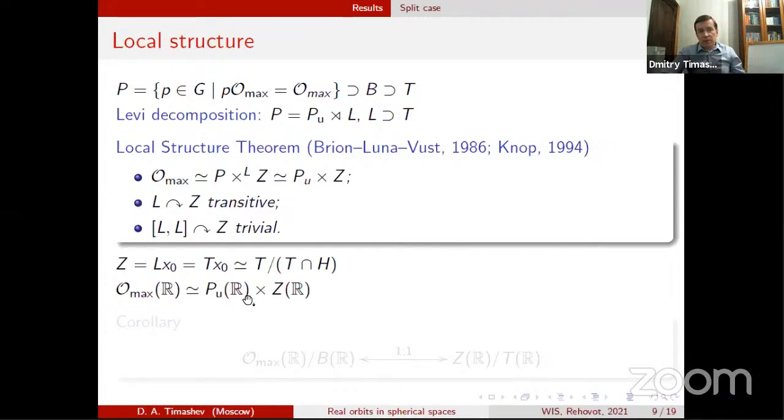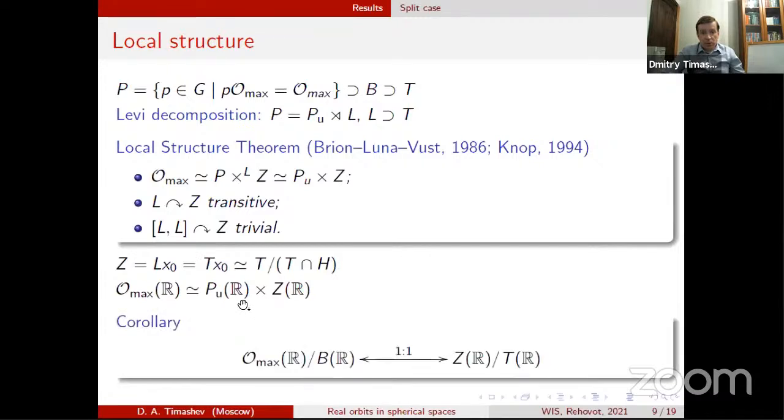So in view of this decomposition, if you are interested in real Borel orbits sitting in this real locus, then you may cancel out the action of the unipotent radical, and it boils down to real torus orbits on the real locus of the slice.